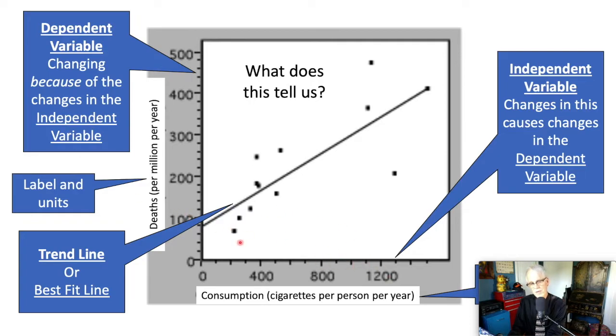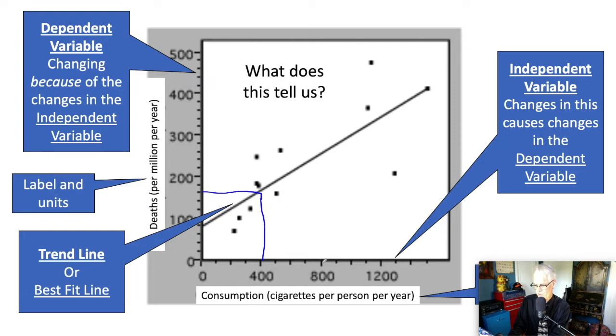All right, so now we can look at this and hopefully tell a story here. So let's just pick one piece of data here, say at 400 cigarettes per person per year. We read it up here, and we notice we have about 160.